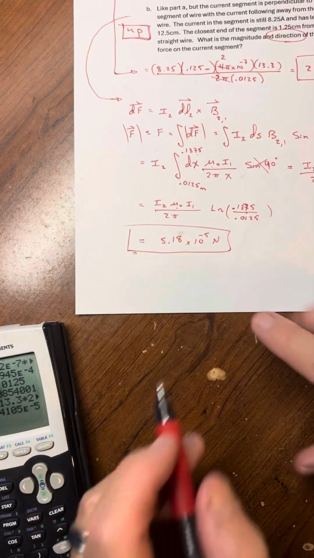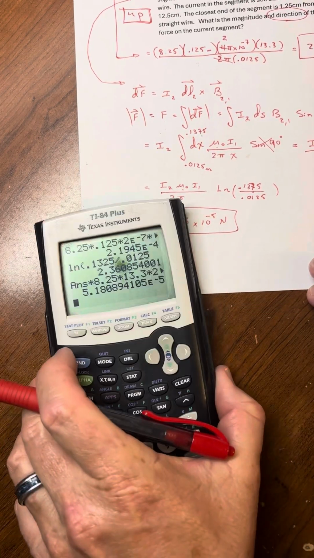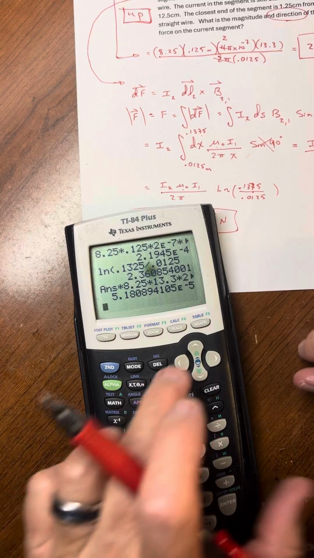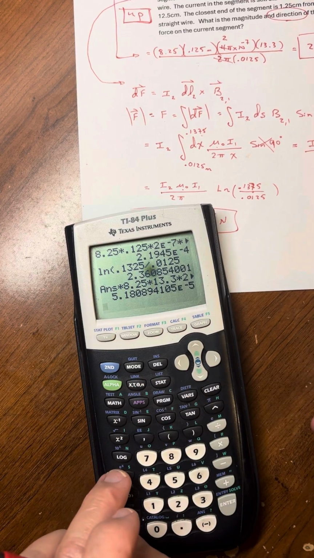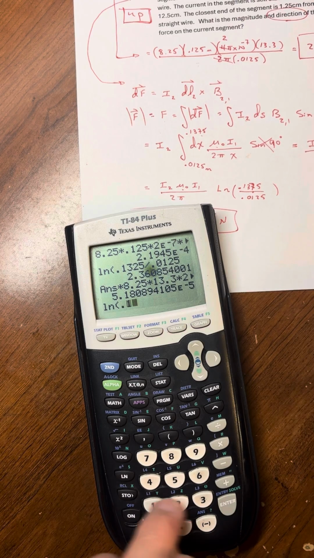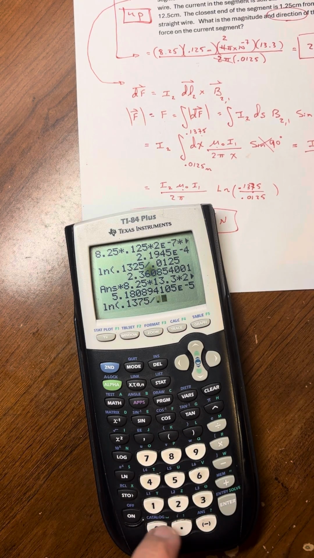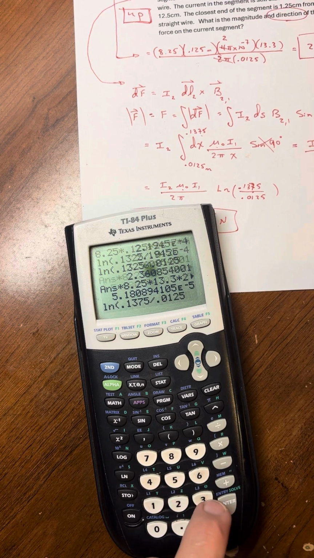So I guess I need to recalculate this, although that's not going to be much of a change. But let's give it a try here. Natural log of 0.1375 divided by 0.0125.